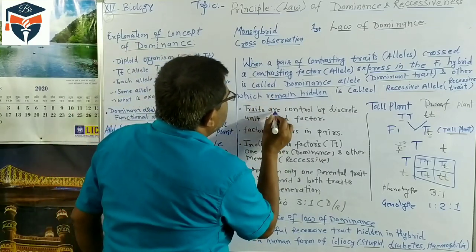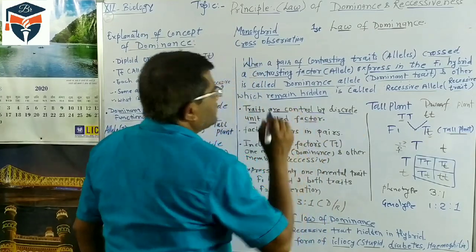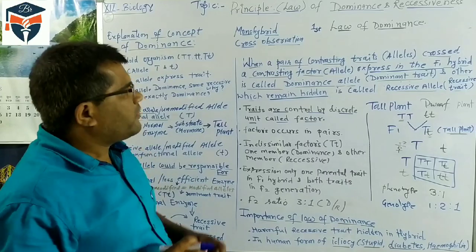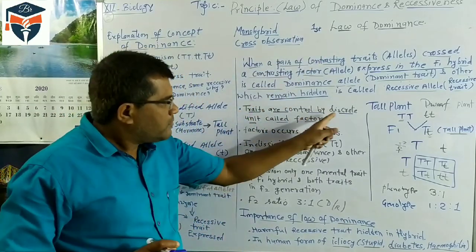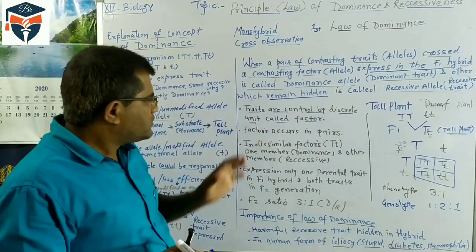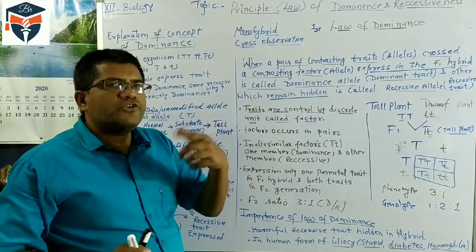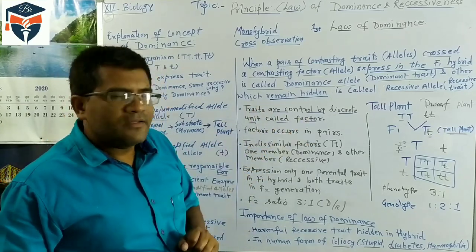Mendel said the traits are controlled by a discrete unit, and this unit he called the factor. One unit is responsible for the expression of the trait.